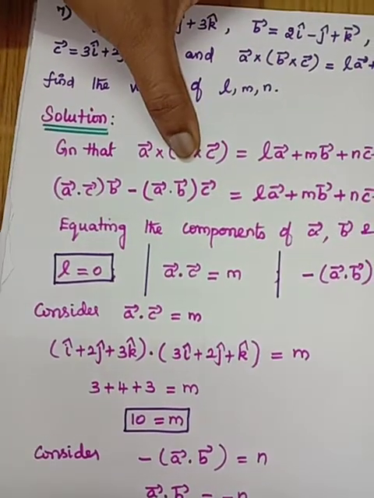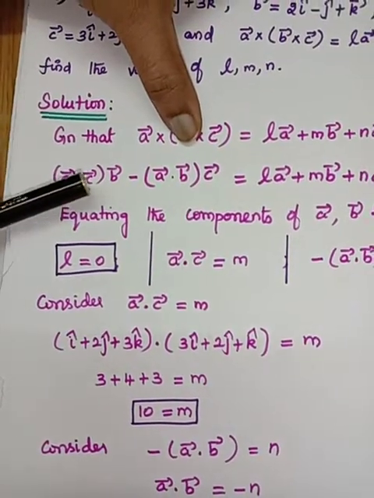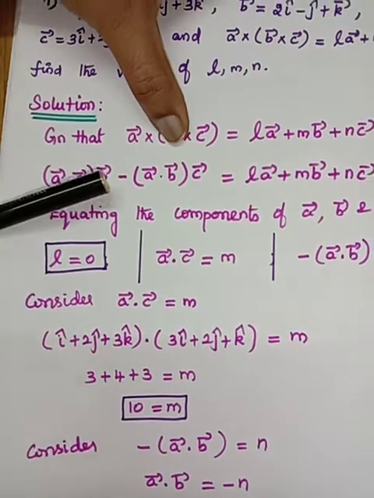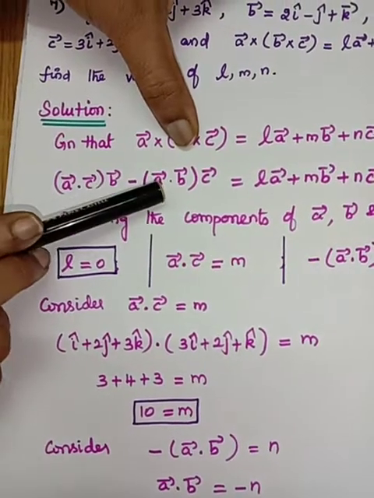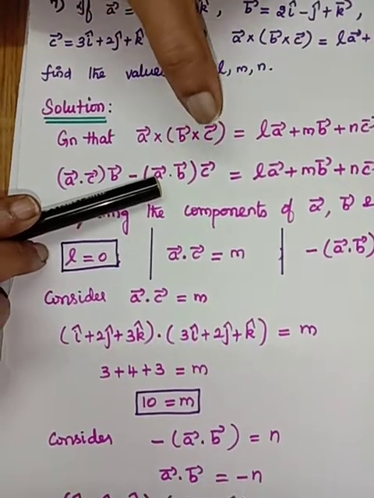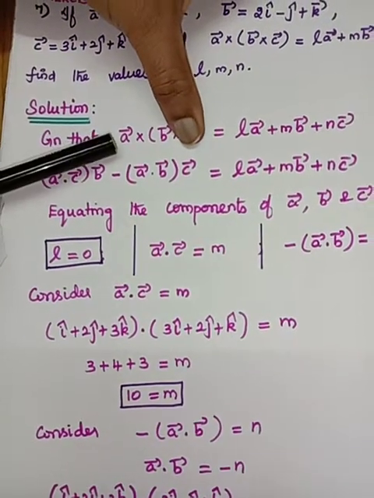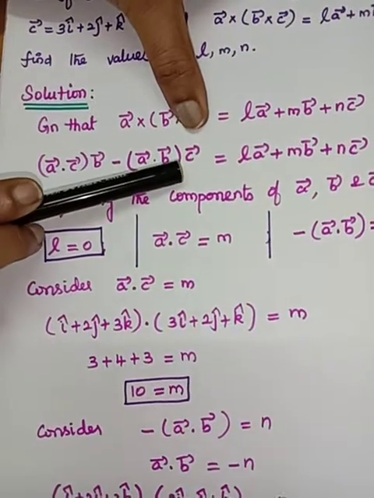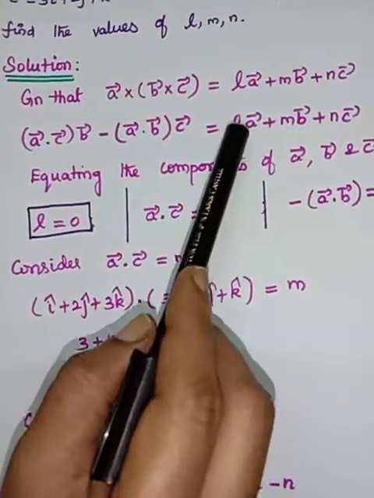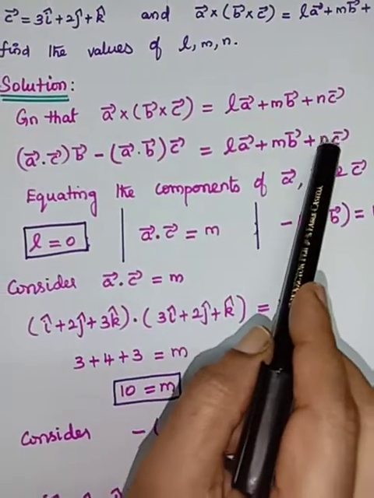So it will become a vector dot c vector into b vector minus, next you have to write mu. What is mu? It's a dot product of the vectors other than non-middle vector. So a vector dot b vector into c vector.